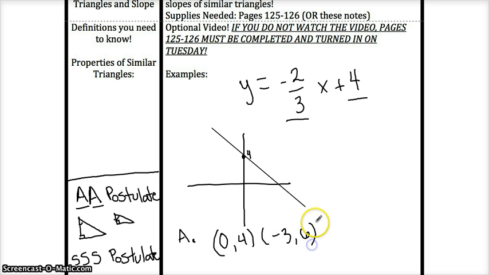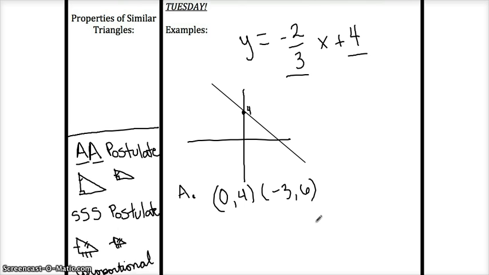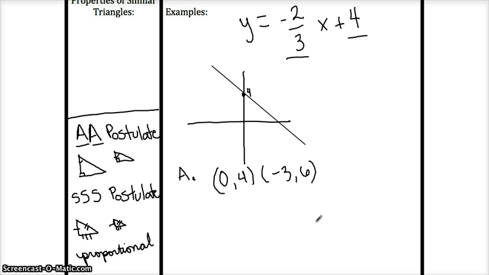We know that we can find the slope using two points because we have the formula: y1 minus y2 over x1 minus x2 equals m, equals our slope. So take a moment, plug this into your formula and see what you get for your slope.